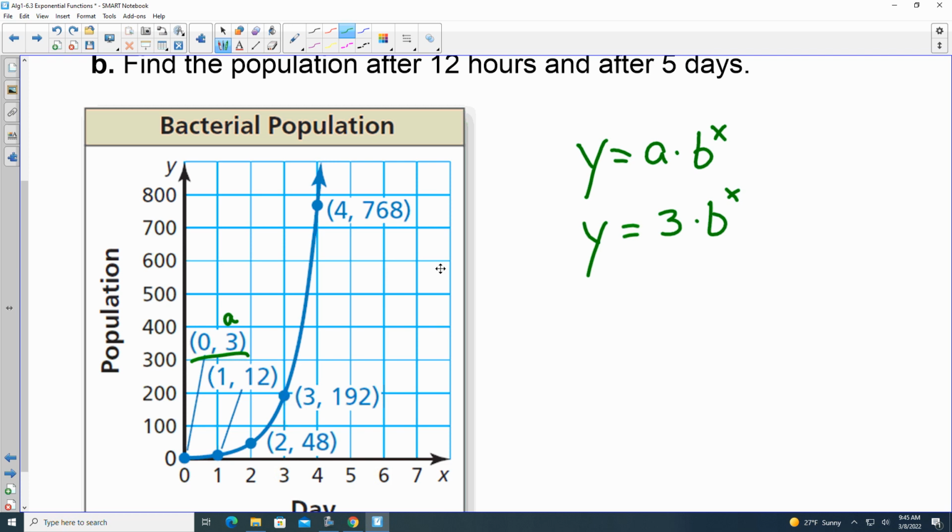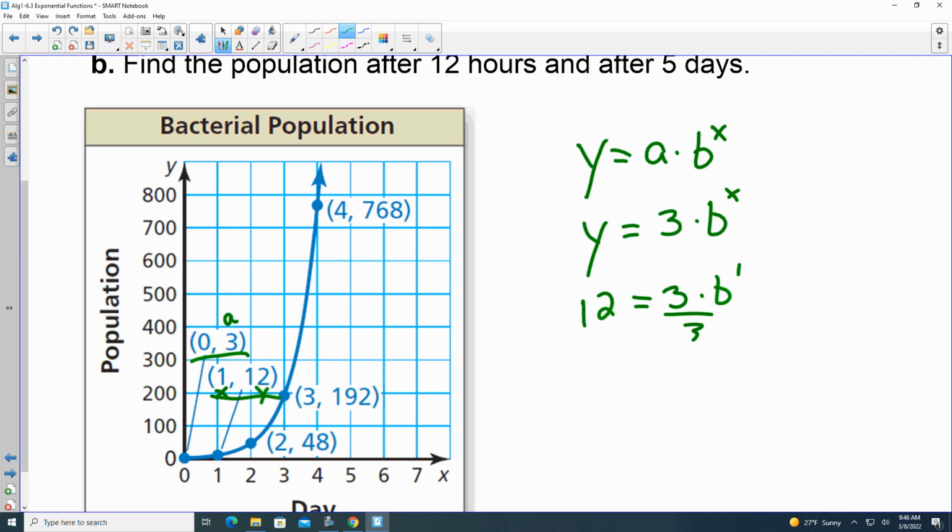So now, in order to find b, what we get to do is we look at one of the coordinates that's not the y-intercept. So here, this is x, and this is y. So to find b, I can say, oh, this is 12 is equal to 3 times b raised to the first power.